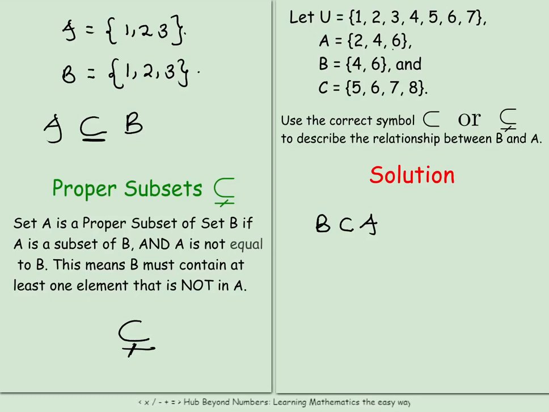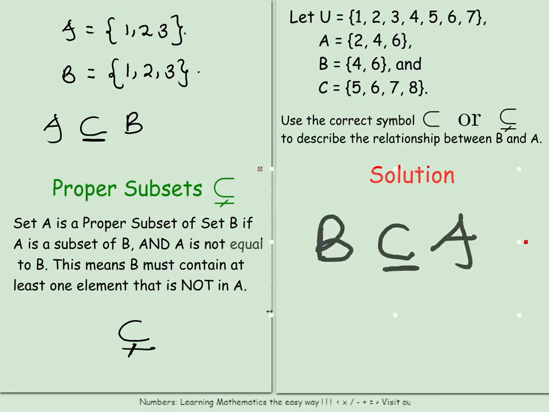Is there an element in set A that is not in B? Yes. And certainly set B is not equal to set A. Hence, we can also say that set B is not only a subset of set A, but also a proper subset of set A. So this would be the correct symbol we are going to use, the proper subset symbol. And I do hope it is clear.